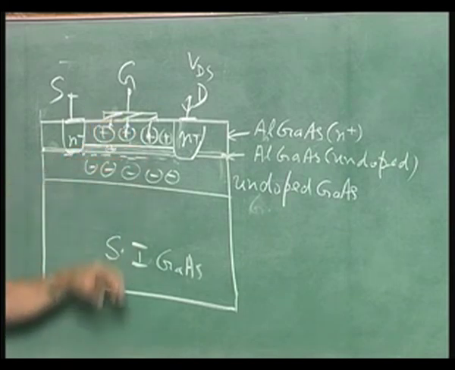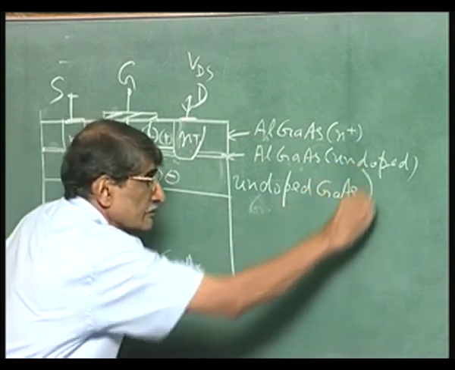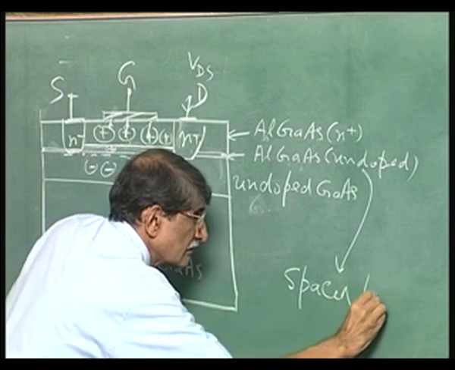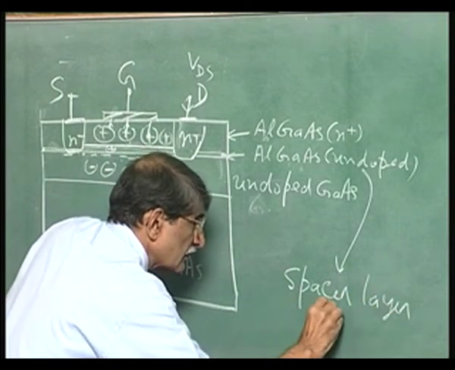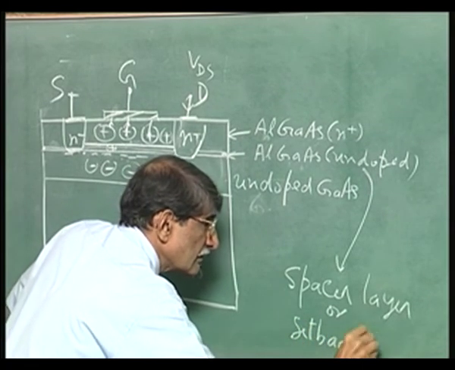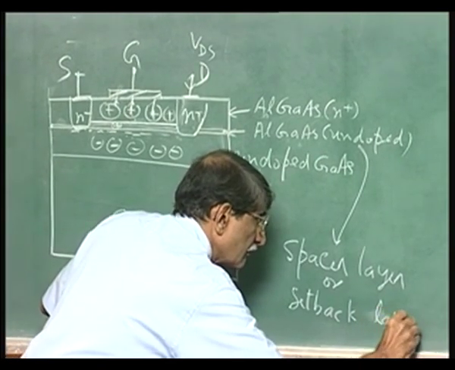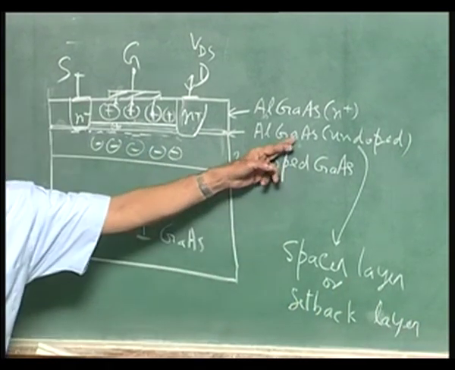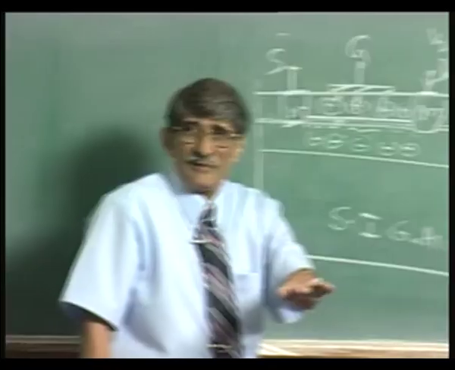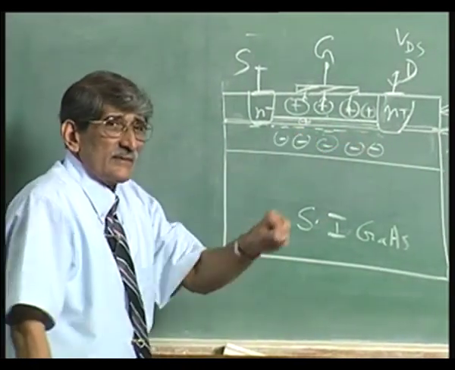That undoped layer is also called a spacer layer or setback layer. Terminologies, just a name, I just forgot to tell you about that. It is an undoped layer spacing between the two, just a thin spacer layer. So, now I am just ignoring the effect of that because it is very thin.